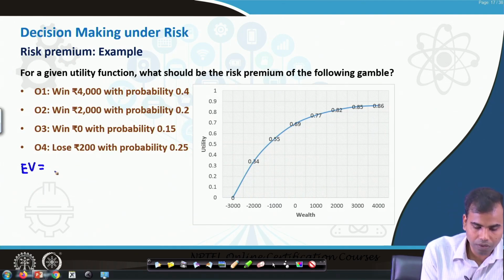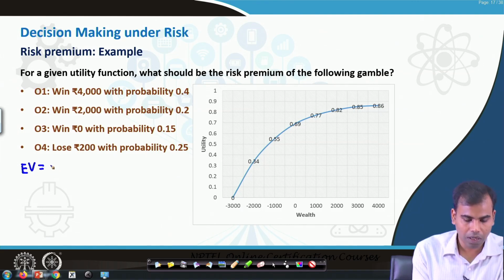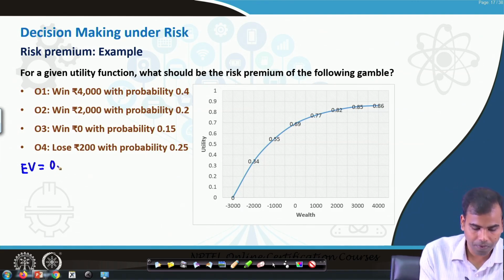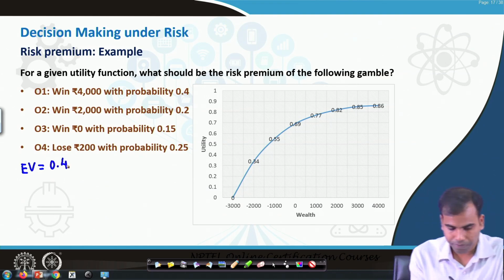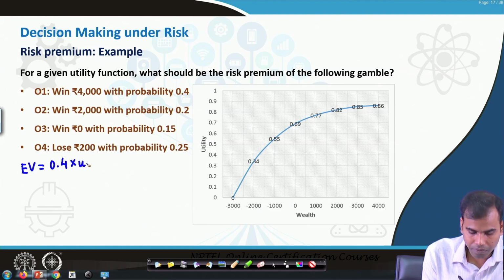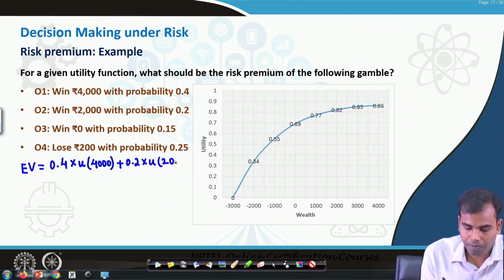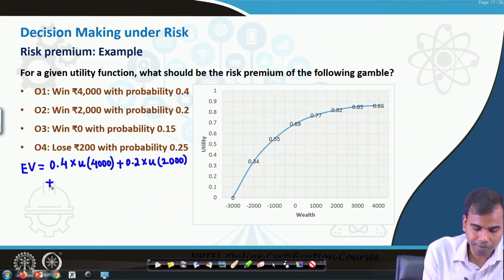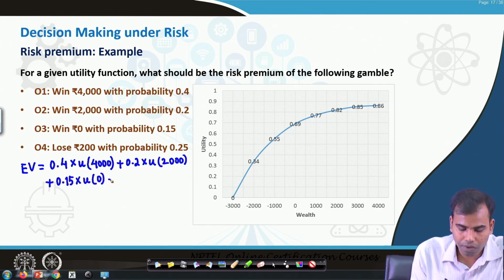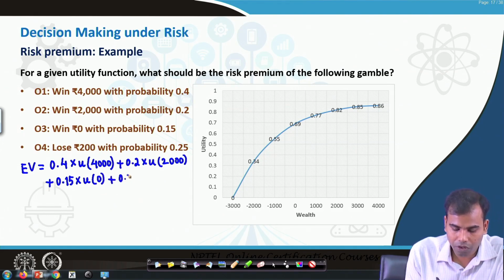Expected value of these cash flows are 40% probability of having 4000, 20% probability of having 2000, 15% probability of having 0, and 25% probability of having minus 200.